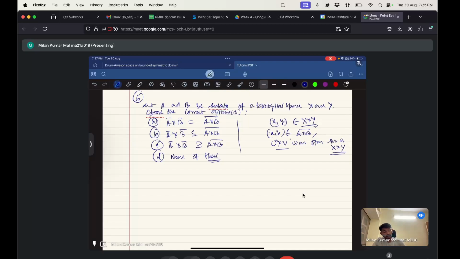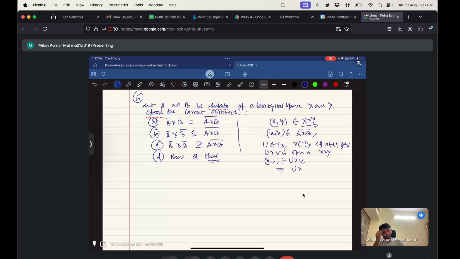Let U belong to tau X, V belong to tau Y, such that x belongs to U, y belongs to V. Now U cross V is open in X cross Y, and (x, y) belongs to U cross V.